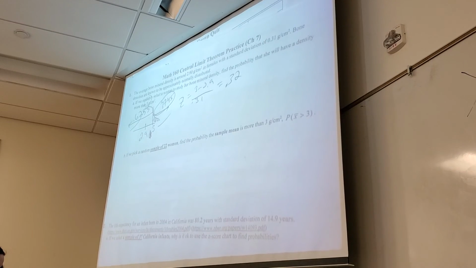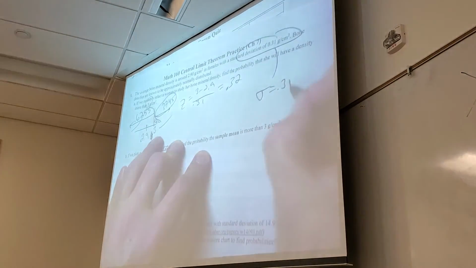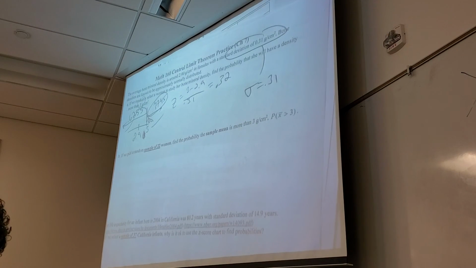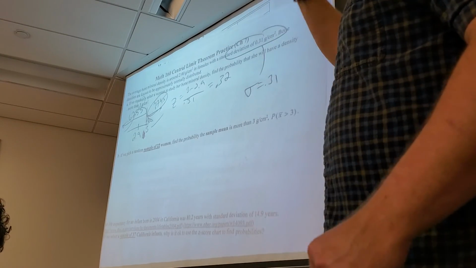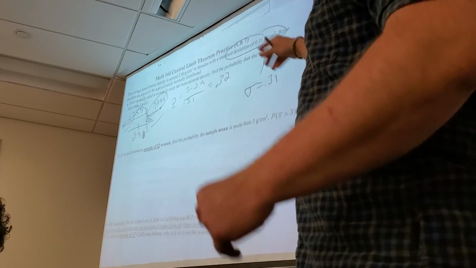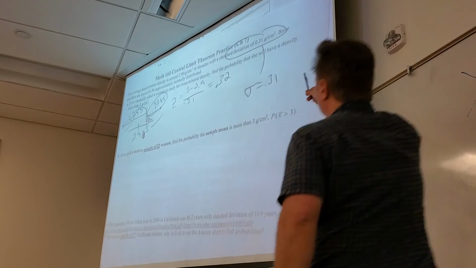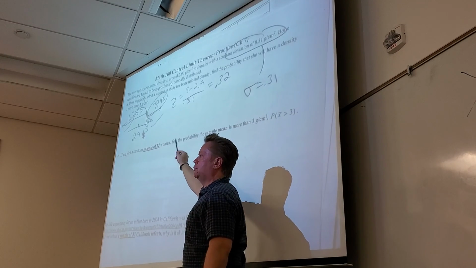That's the spread for what? That's the spread for individual women. How far away are individual women from their mean? For part B, that's not going to help me. I need to know how spread out the means are. So I can't use this one. This is the one for individuals. I need the one that works for groups of 22.